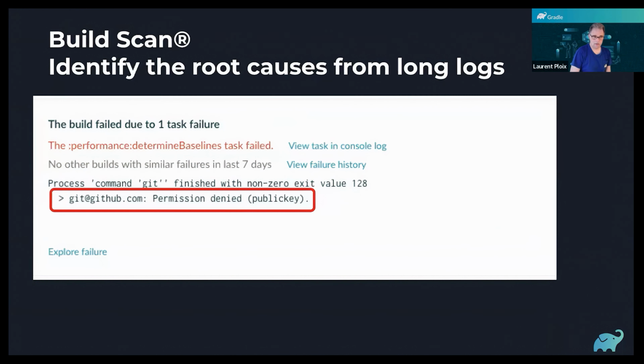But we extract the part of the log file that makes the most sense, and we put them together to show you what the actual problem really is. So just by looking at this summary, you identify exactly the root cause, and now you can fix the key, apparently. So again, we sort of connect the dots between different parts, and we make sense of it in a summary that is easy to read, easy to parse, and easy to identify what the root cause of the problem is.